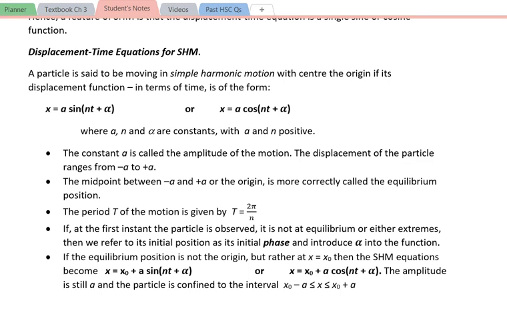I've put the link to his presentation on our OneNote, and you might prefer to stop at this stage and listen to that. It does go for almost 12-13 minutes, I understand. If you are wanting the background to why this equation for displacement is this sine curve function, or the cos function, then you will get that and a whole lot more if you watch that video.